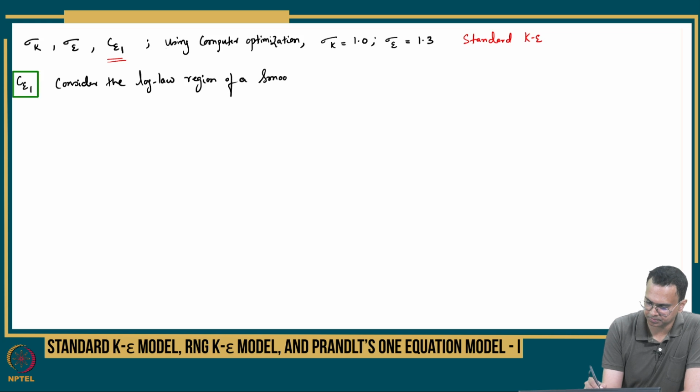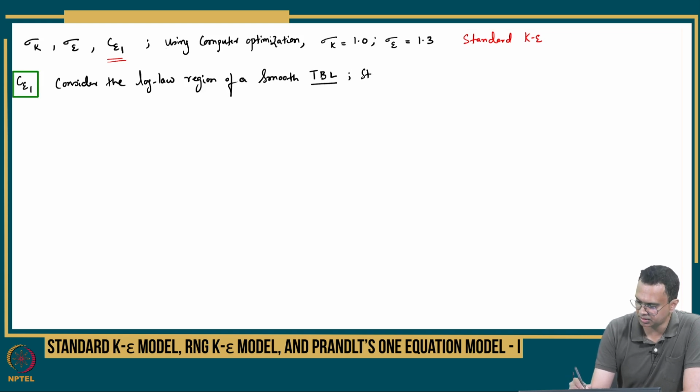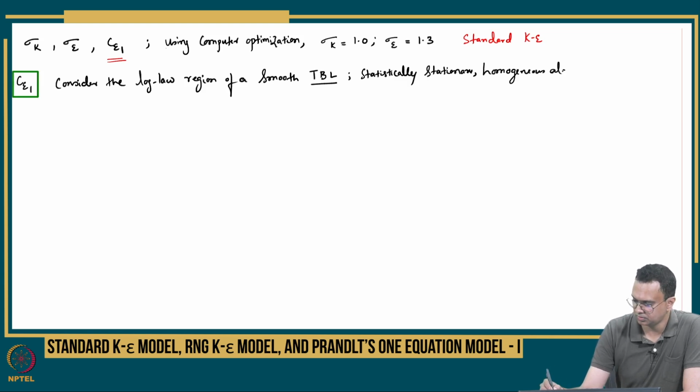of a smooth turbulent boundary layer. Again, same considerations as before, that is statistically stationary, homogeneous along the two directions, homogeneous meaning statistically homogeneous, along your x1, x3 direction, that is in the xyz coordinate it is x and z.